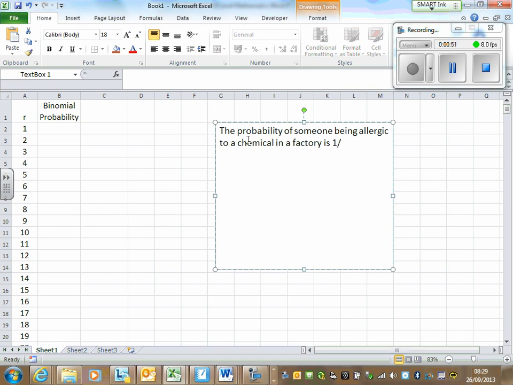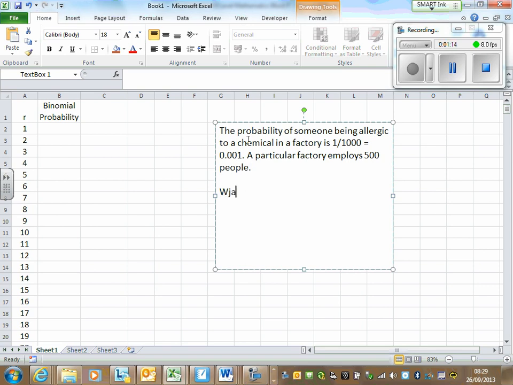So 1 out of 1,000, which is a decimal 0.001. Now, a particular factory employs 500 people.